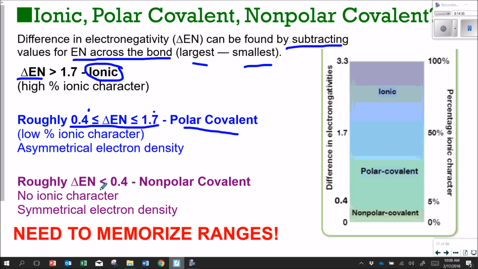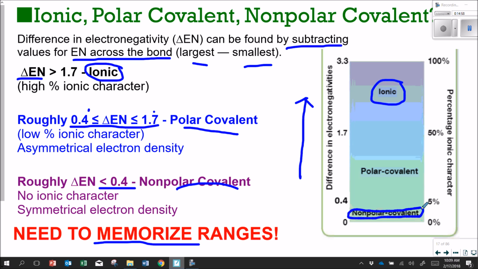And finally, if it is less than 0.4, we will classify it as non-polar covalent. You do need to memorize these ranges. This little graph here shows how, as you get a greater difference in electronegativity, you become more ionic in character. And as you have a very small difference in electronegativity, you are more a non-polar covalent bond.